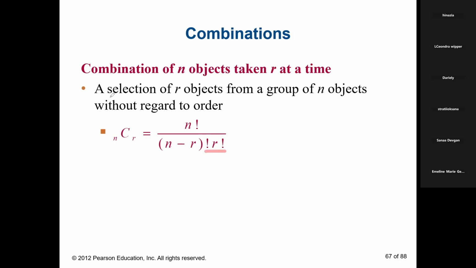A selection of r objects from a group of n objects without regard to order. So here order is not important. In permutation, order is important, it does matter, but in combinations order is not important. It does not matter, all right? That's the only difference here. Okay.